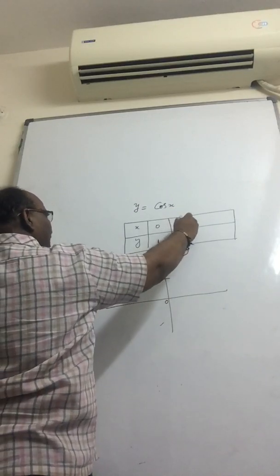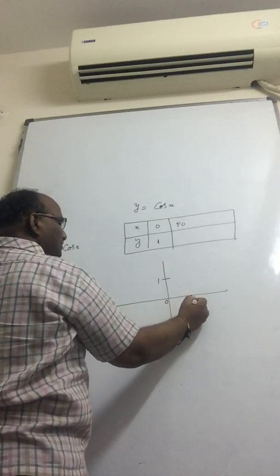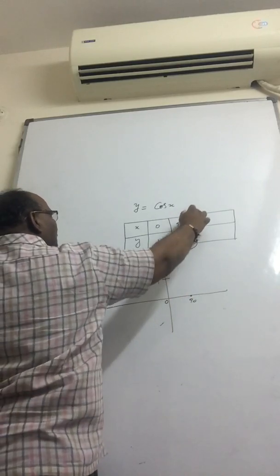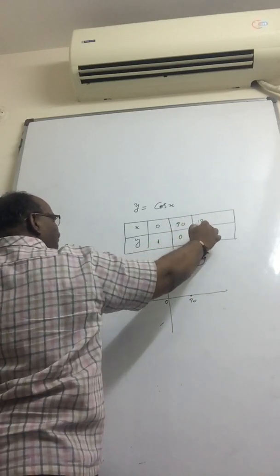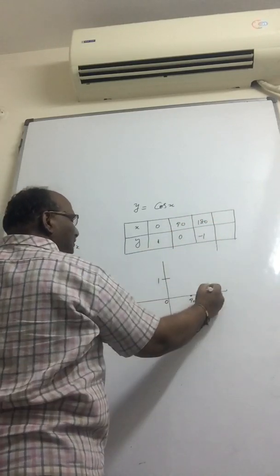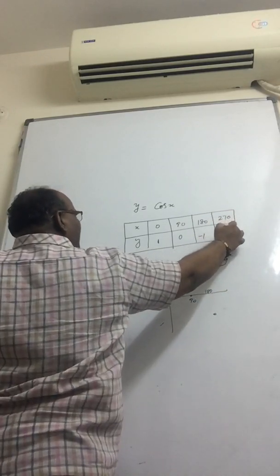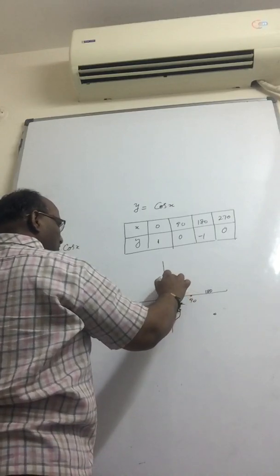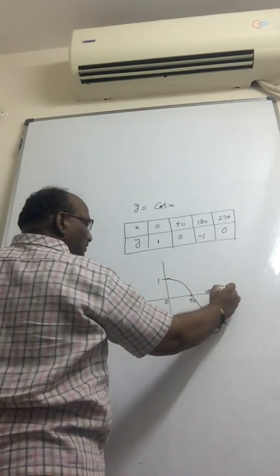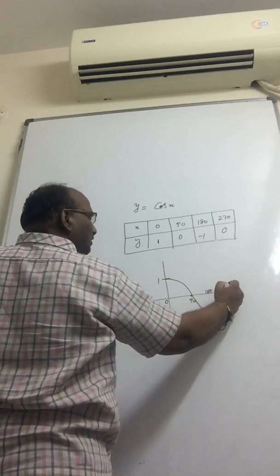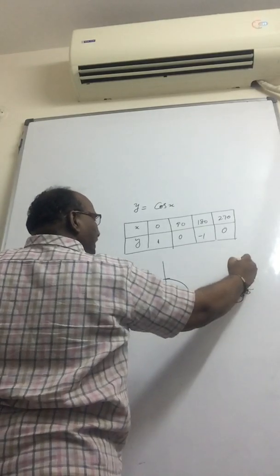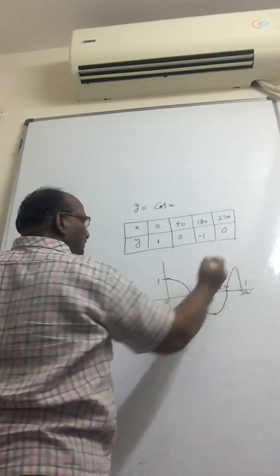For 90, you get 0. For 180, minus 1. For 270, it is 0. For 360, you get 1.